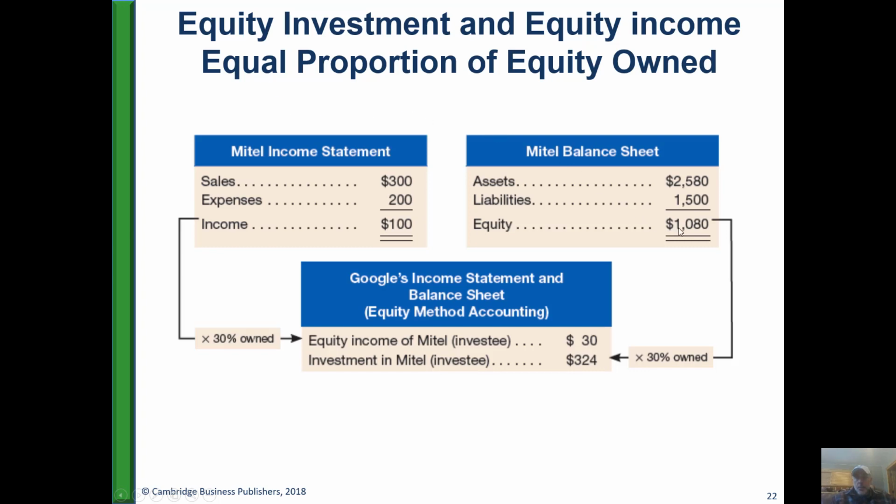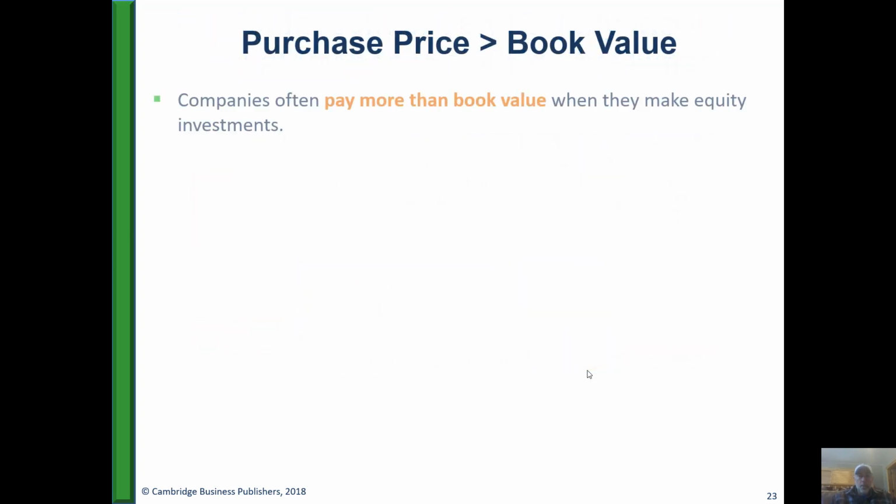Mattel's balance sheet shows a total equity value of 1,080 after all of those transactions were booked at the subsidiary level, meaning that Mattel owned 100% of those earnings, which was 1,000, and 100% of those dividends. Those foot to a total equity value of 1,080, and based on the equity method of accounting, 30% of that equals the balance on Google's books. So it ties out both at the parent level and at the subsidiary level when we use that equity method of accounting.